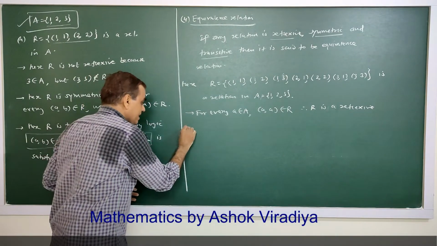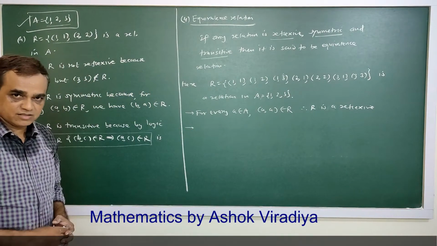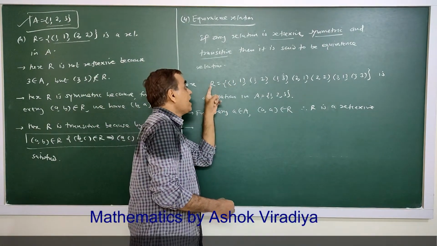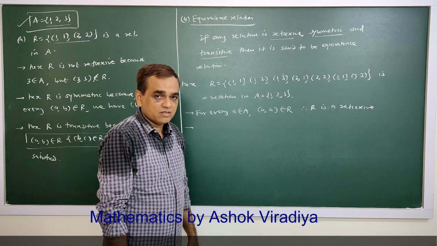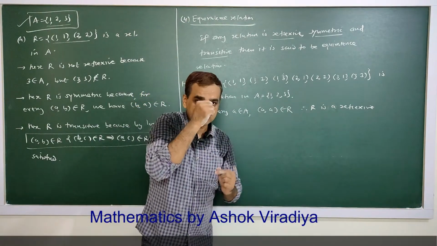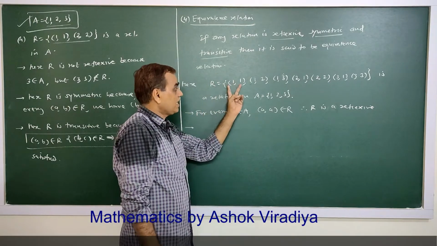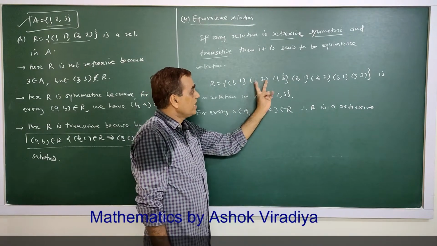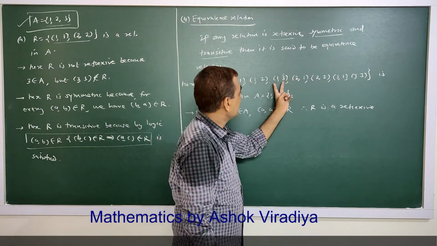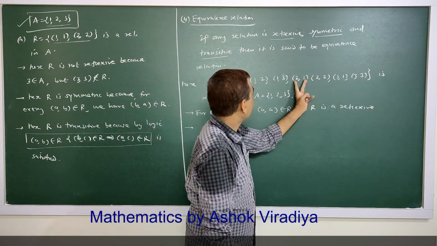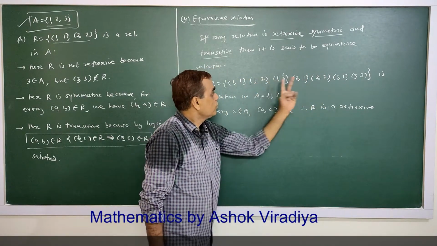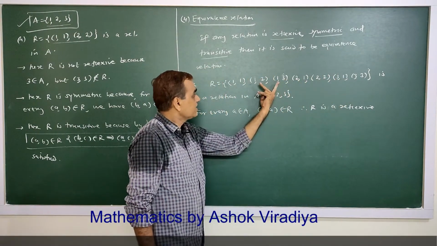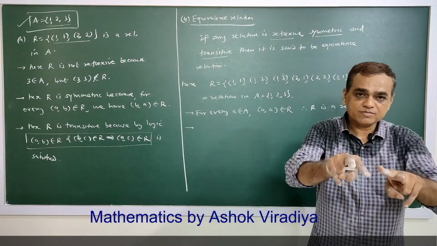So the first property is satisfied. Now to check symmetricity, check every ordered pair in the given relation. If AB is in R, BA must be in R. 1 1 is in R, so its inverse is 1 1. 1 2, its inverse is 2 1. 1 3, its inverse is 3 1. 2 1, its inverse is 1 2. 2 2, its inverse is itself. 3 1, its inverse is 1 3. 3 3, its inverse is 3 3.